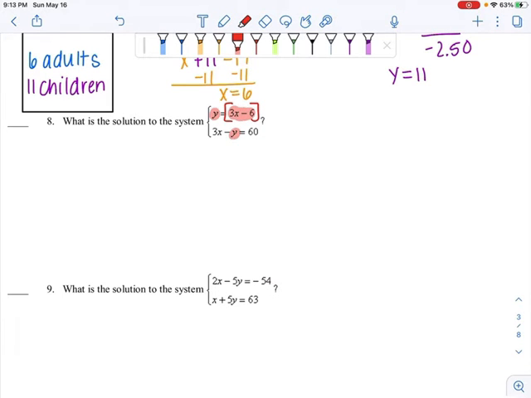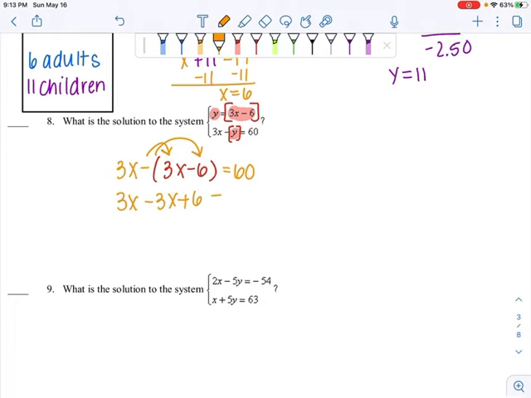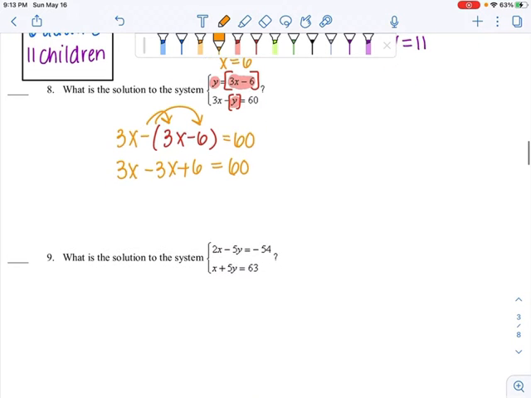So we're going to take 3x minus, and where that y is, I'm going to substitute 3x minus 6, and then equals 60. I have to distribute that negative sign, so that changes into negative 3x plus 6 equals 60. When I have 3x minus 3x, that cancels out because that gives me 0.